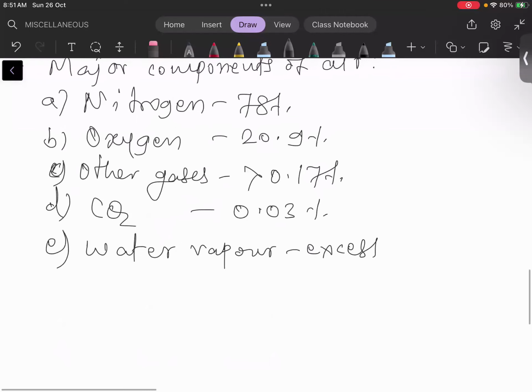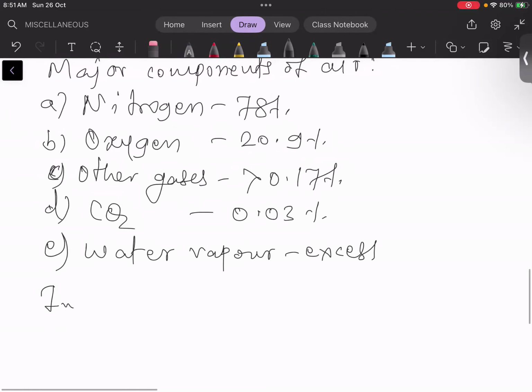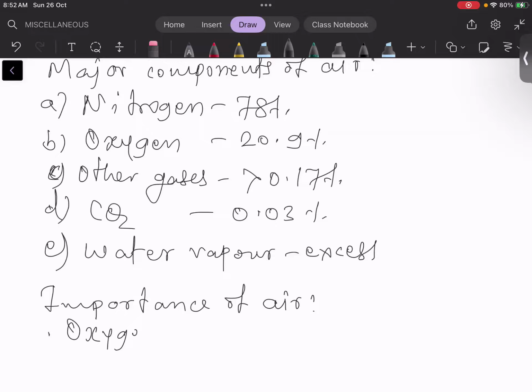Now, what is the importance of air? First, air contains oxygen, which is essential for life, for respiration, to sustain life on the earth.